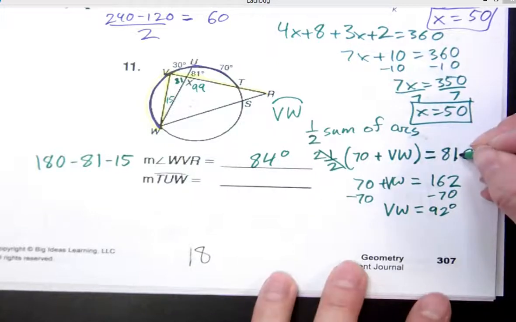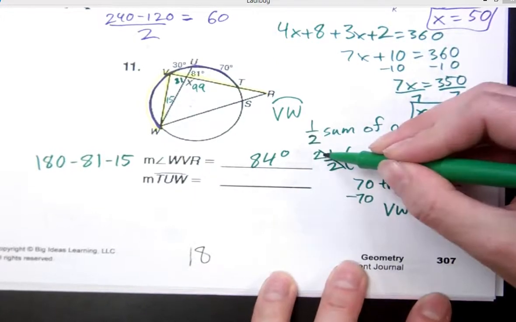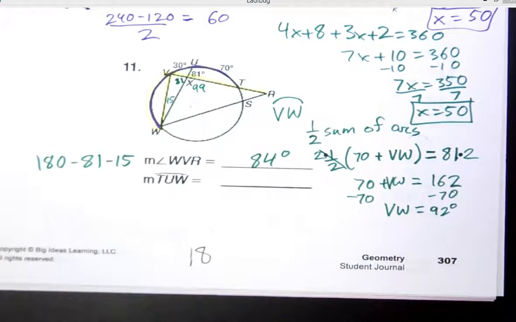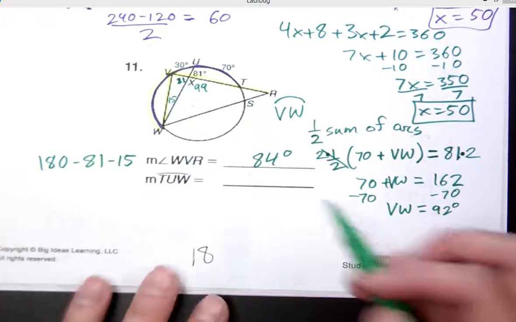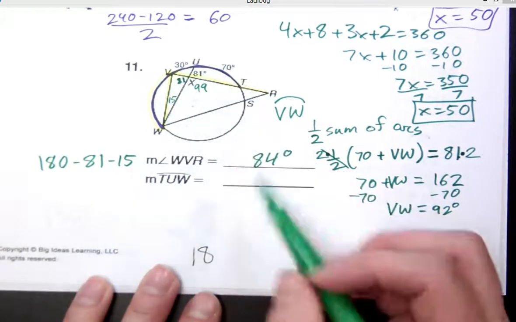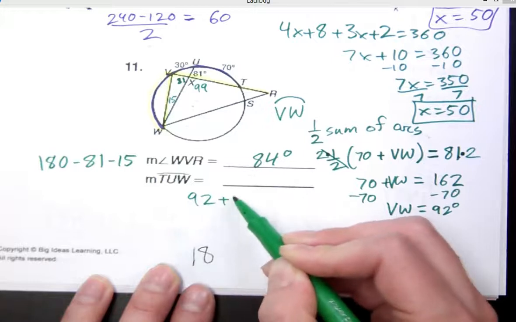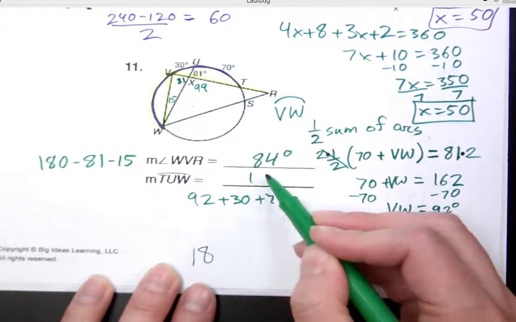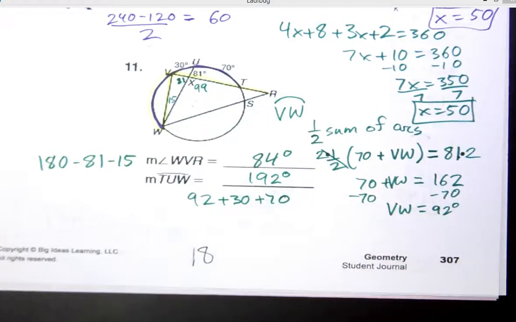That's 81 times 2. Sorry, I did not put my time signal there. So now I have 92. Is that my answer, or is there one more step? So adding it all up with the 30 and the 70 that are already there. So 92 plus 30 plus 70 is my answer. 192. And we got it.